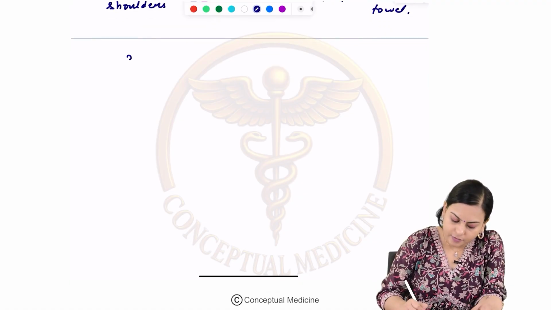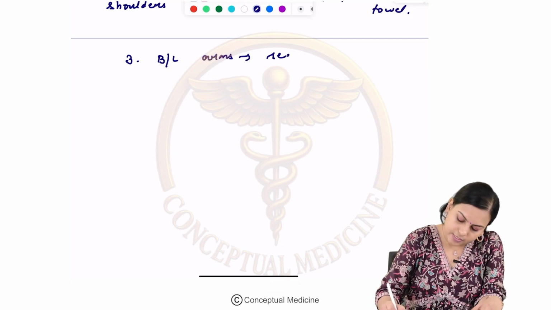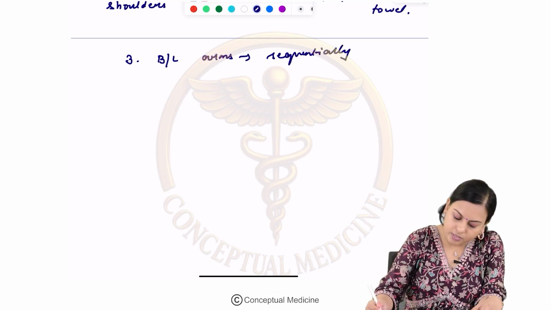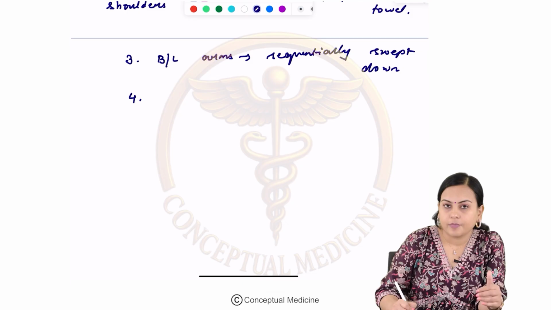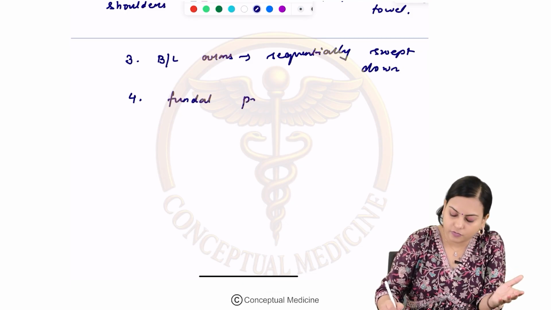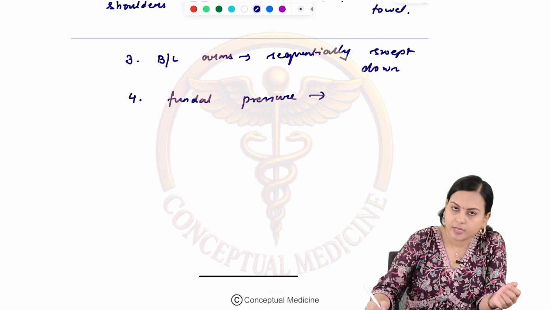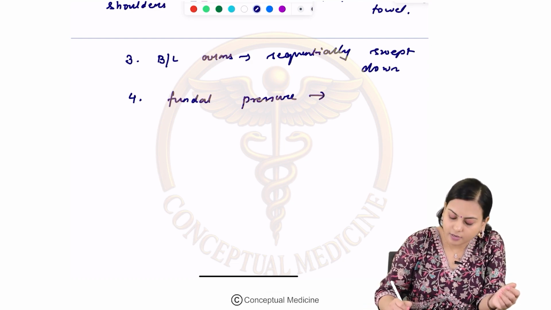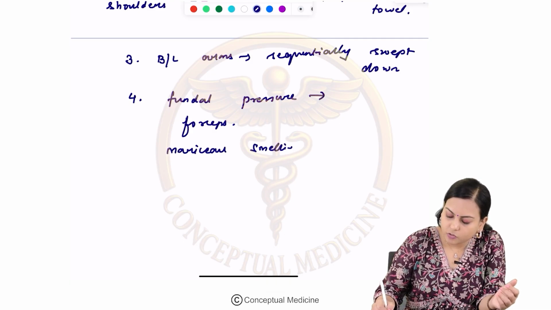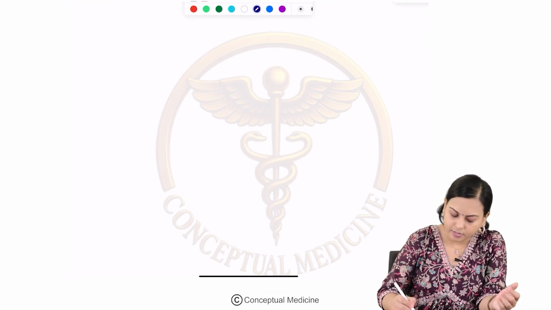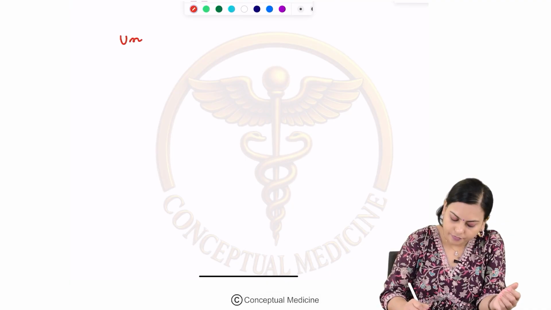Then we deliver the bilateral arms, which are sequentially swept down and delivered. Following that, sometimes you can give fundal pressure for the delivery of the head, or even use forceps, or sometimes the Mauriceau-Smellie-Veit method can also be employed. Clear?